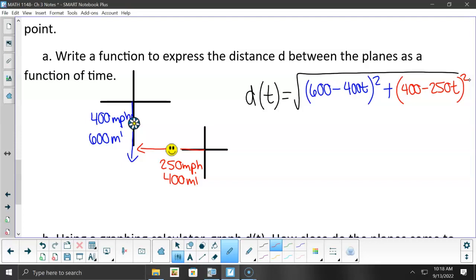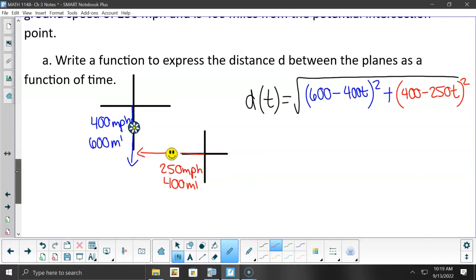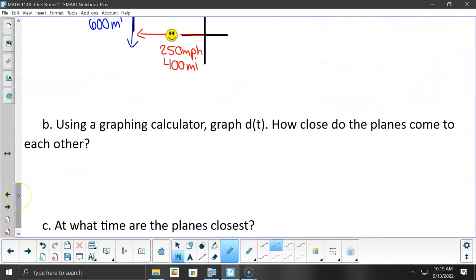All right, so have I written a function, distance, as a function of time? Do I need to simplify that? No. You wrote the function. You don't have to simplify it. So, final part for this. Using a graphing calculator, how close do the planes come to each other? And at what time are they the closest?